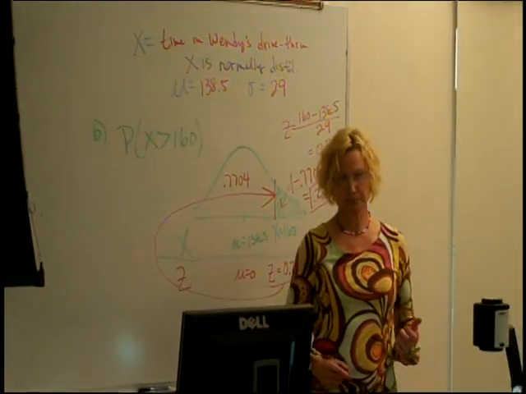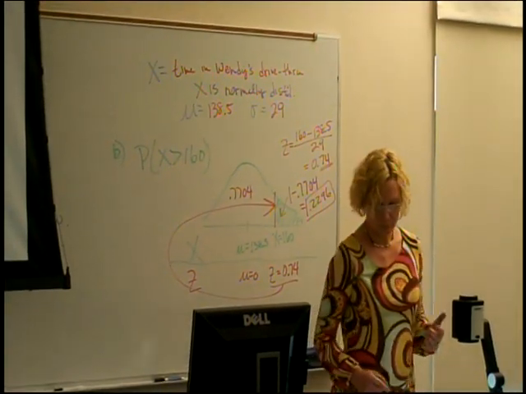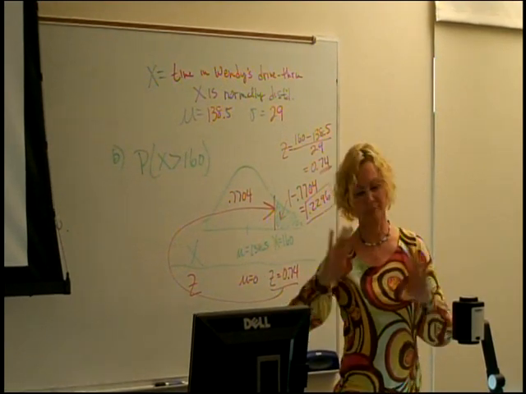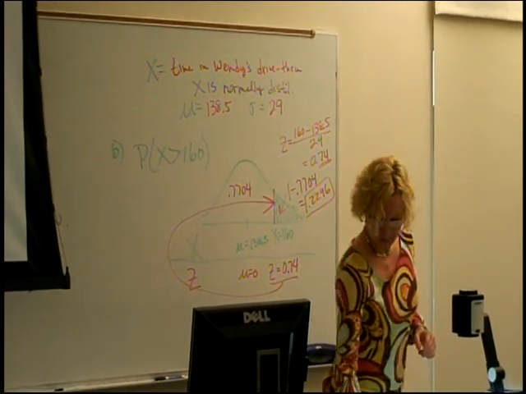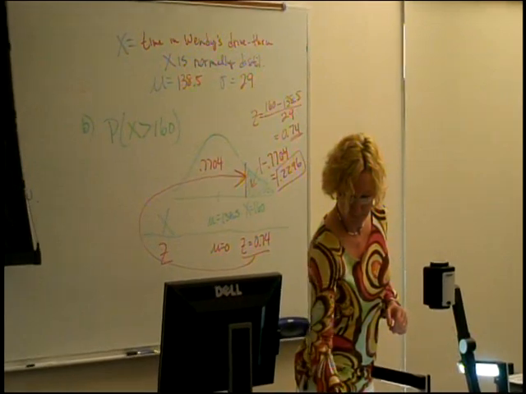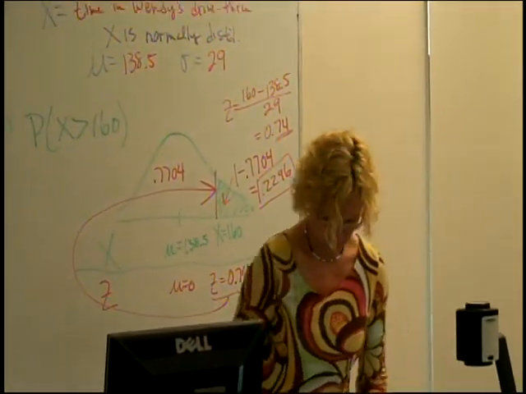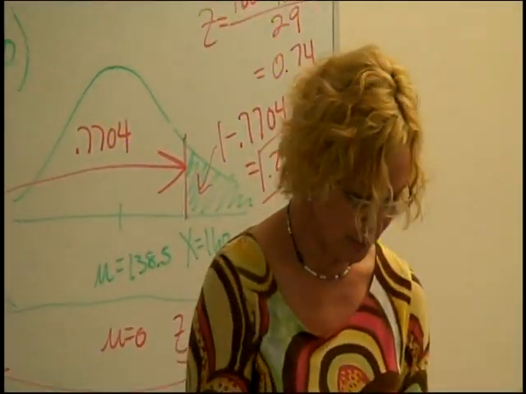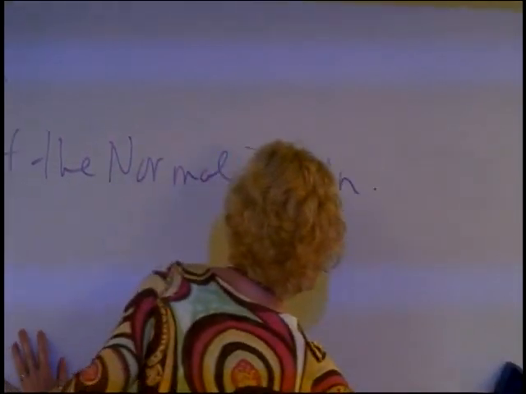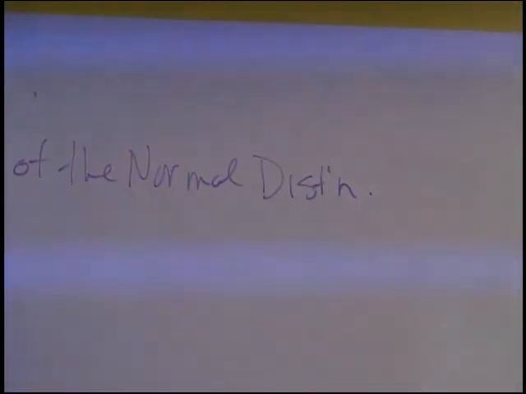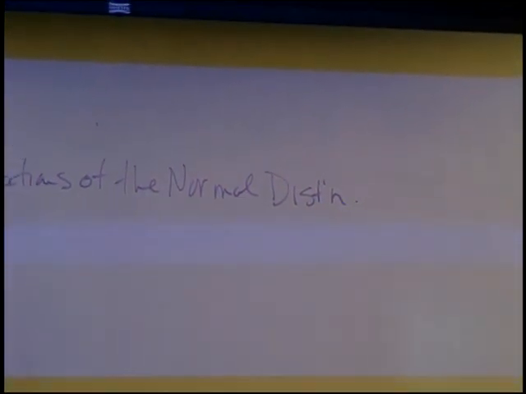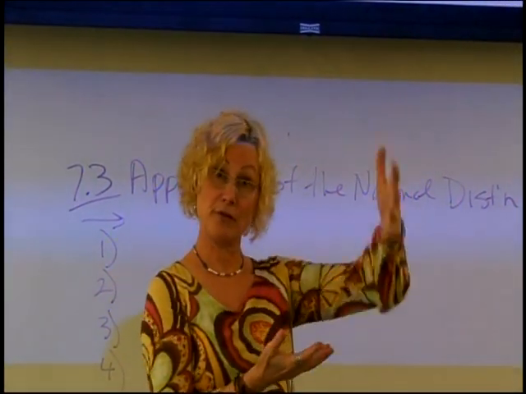Let's go backwards. We didn't do this but that's fine, because I want to make sure and get all this stuff in today. So let's say you're given a probability, and you want to go backwards and find the x that results in that probability.